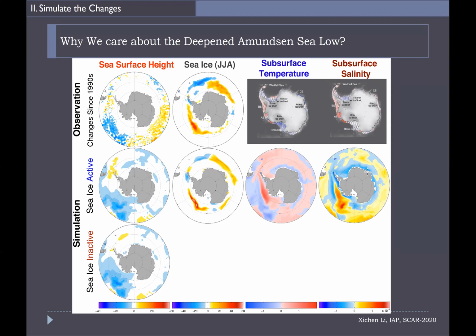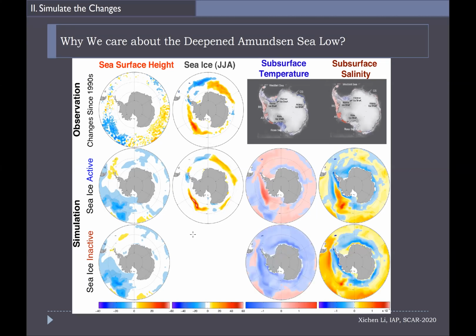So in this simulation, the sea ice extension can no longer be changed. When we drive the model with the observed atmospheric changes, we can still simulate the sea level changes well, meaning the ocean circulation response is basically the same as in the sea ice active simulation.